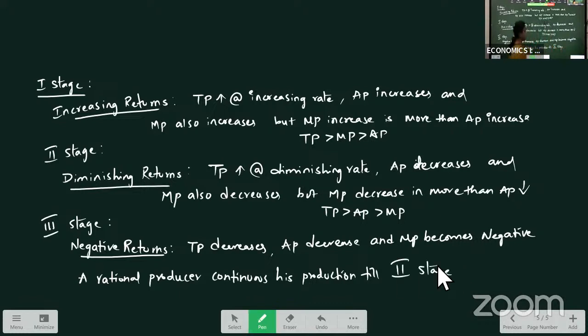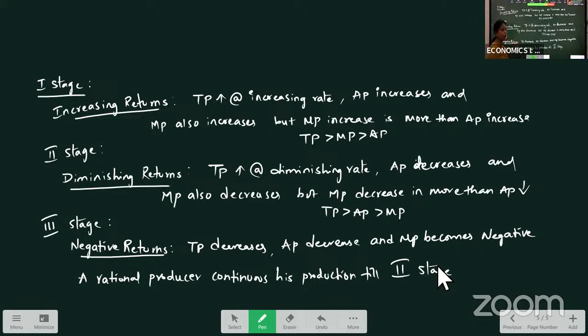He will not continue in the third stage because he is getting negative returns. He will not stop in the first stage also. Why? Because his returns are increasing. So this is how we have the law of variable proportions.